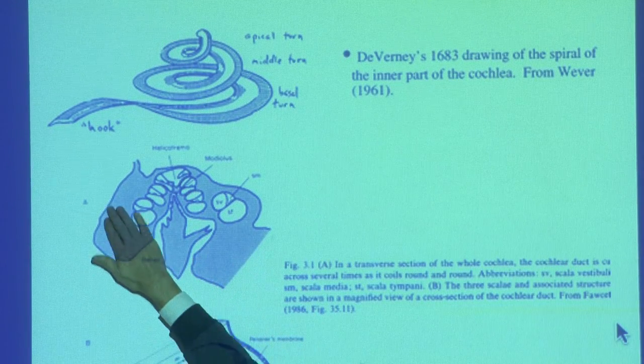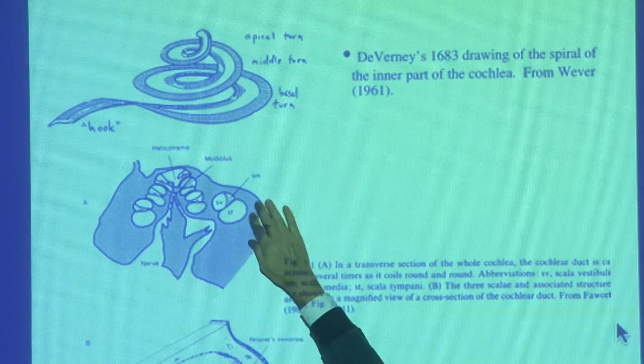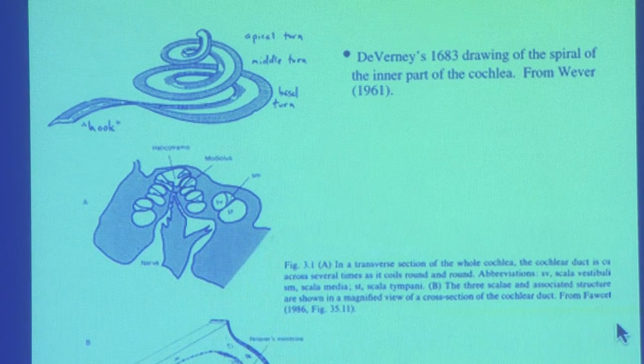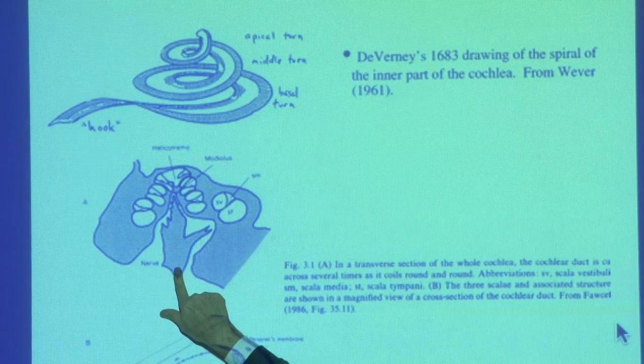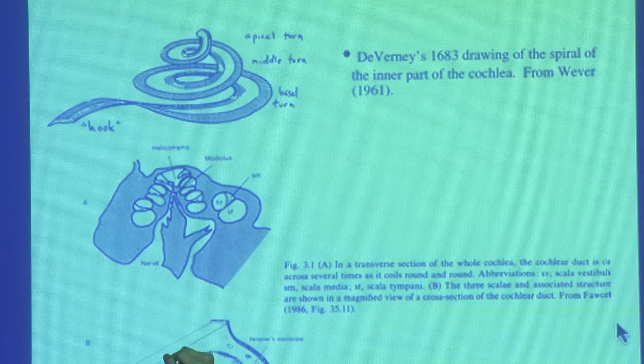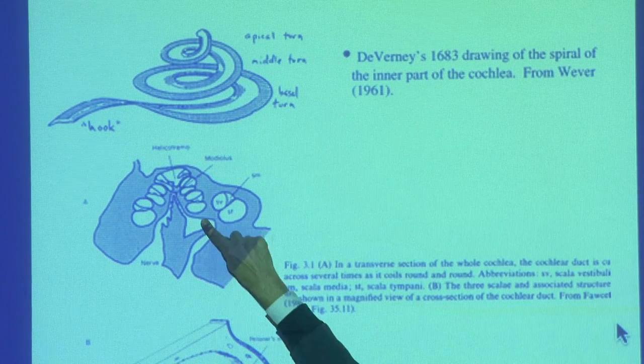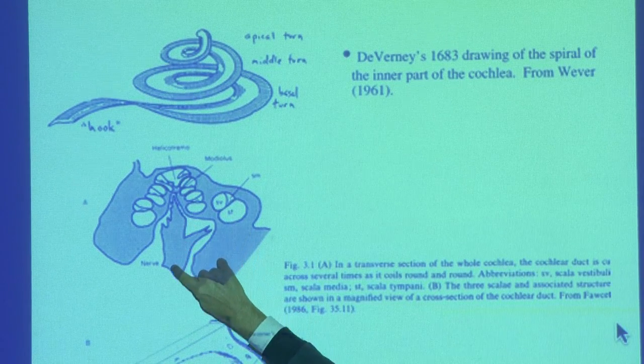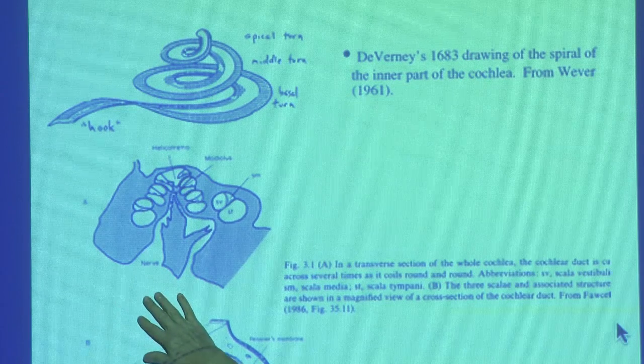Of course, all this gray shading on the outside and even parts of the inside is bone. So this is a bony structure. It's very different from the eyeball, which is all soft tissue. In the middle, there is a nerve coming in. That's the auditory nerve. The auditory nerve starts in the cochlea and sends messages to the brain, which is down here. It's been cut away.